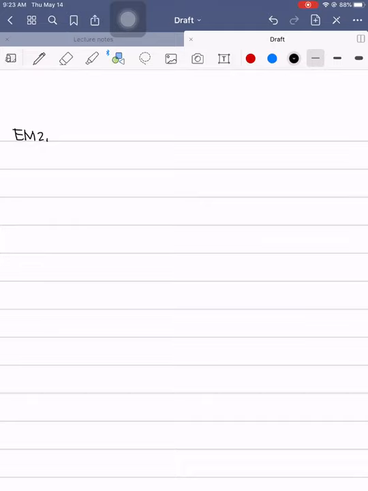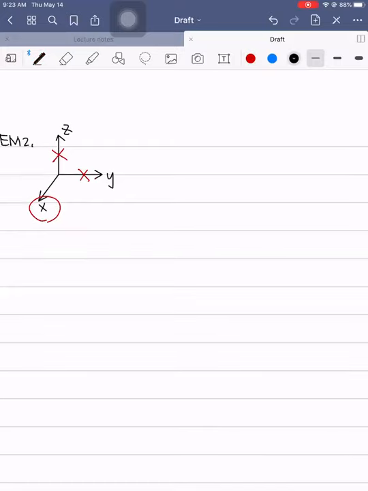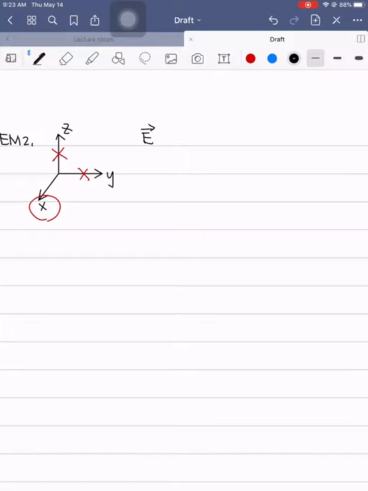So if we have a 3D space, now I want to cross out these two, so we only focus on the x-axis first. So I can write the electric field in this form, right?